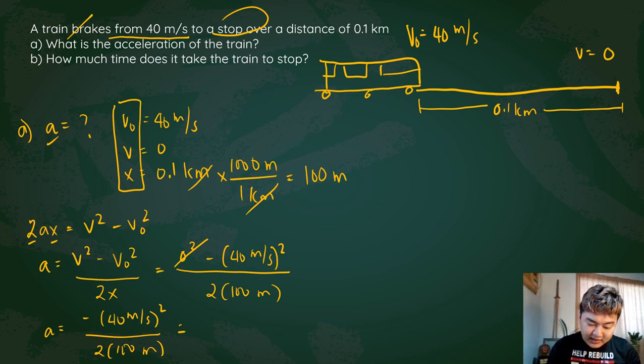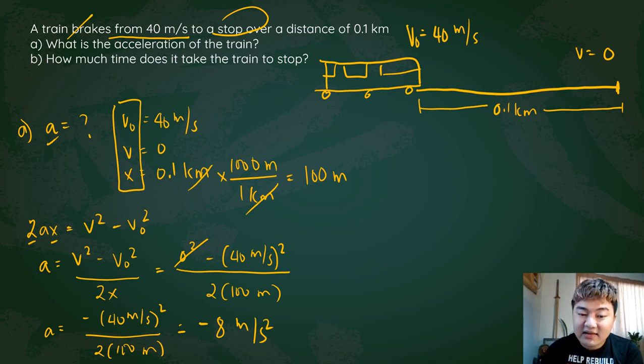You have negative 40 meters per second squared. Remember, you do not include the negative sign if you square 40. You square first the 40 meters per second, and that's the time you add the negative sign. You have 40 meters per second squared, and then you put the negative, divided by 2 times 100. And that will give you a value of negative 8 meters per second squared.